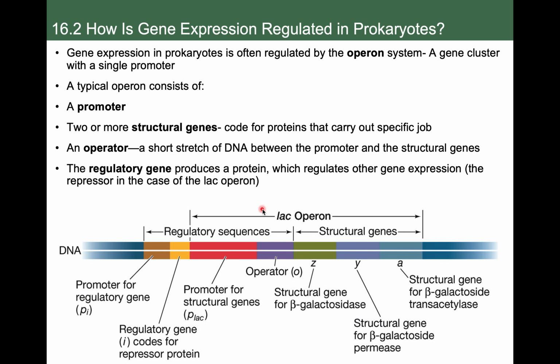And even though we're looking at this one specific operon, just keep in mind that there are many others, and they are all organized and potentially operating in a similar way. So what you see here is you'll have the genes that are part of this operon, and it's always going to be multiple genes.